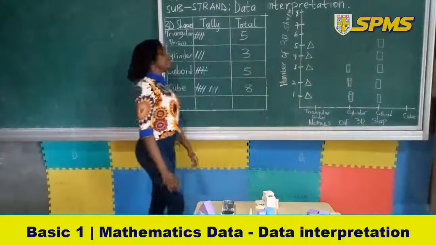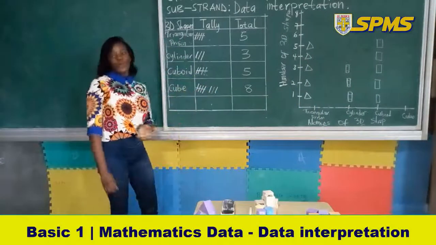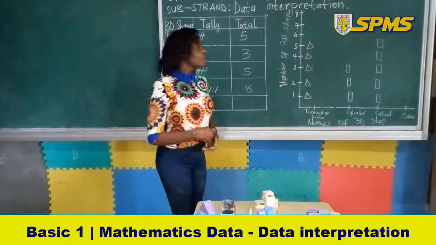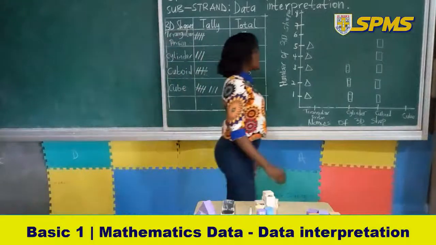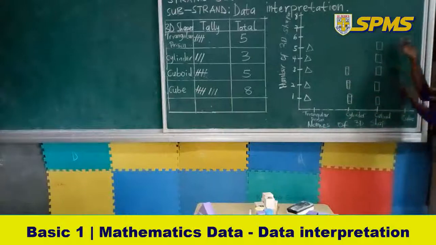Very good. Now let's move on to our last 3D shape, which is the cube. The cubes are 8. So now we are going to represent the cubes on our picture graph.